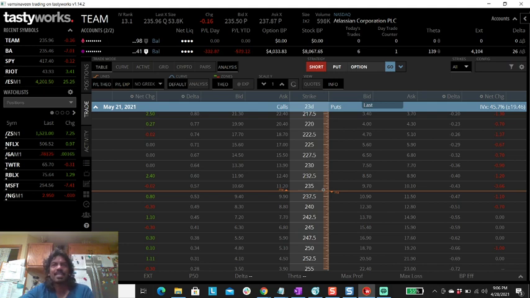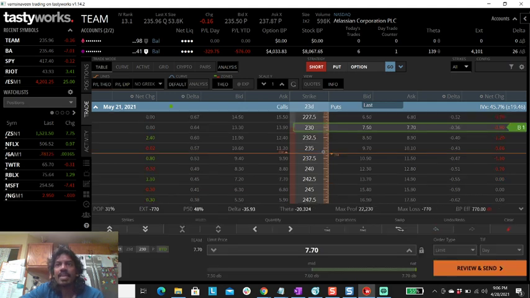You could essentially sell 100 shares of Atlassian, which would again cost you about $23,500, because you'd have to pay the collateral for the stock price, and then you buy it back if it goes down. But the other way you could do it is you could buy the out of the money put option. So in this case, let's say you think that the stock is going to go down below 230. So you could buy the 230 put option. You could buy that for $770.